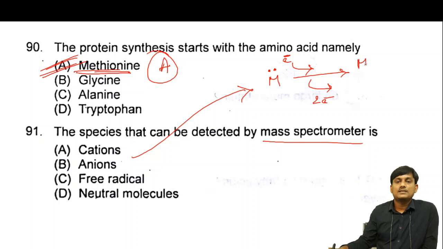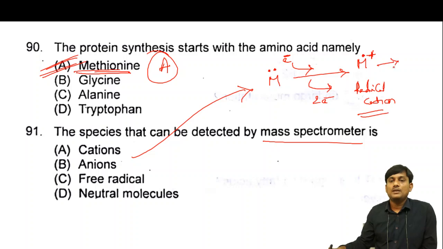So you will get a radical cation. First there is a radical cation. Okay, this radical cation may be fragmented into small species, M plus and M free radical. Okay, this one is the cation.